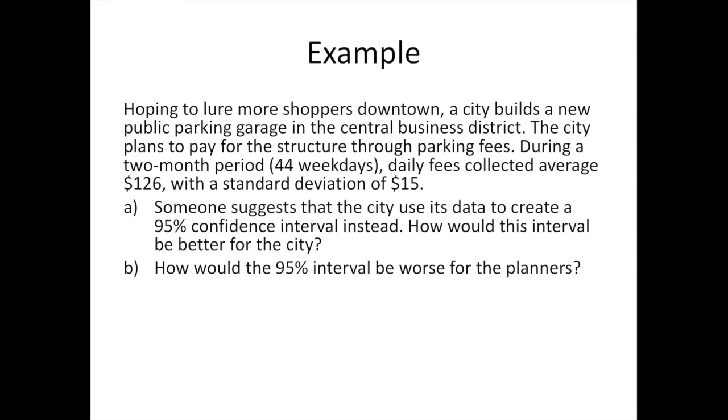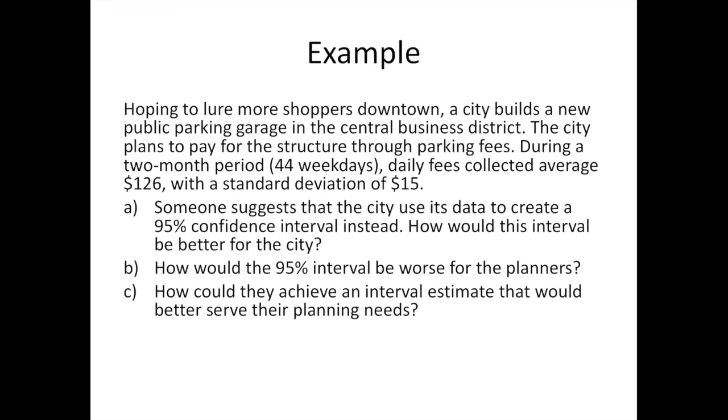Well, like I said, to be more confident means you have to be less precise. So our revenue forecasts will be much wider because of this less precise interval. So for questioning whether or not we actually will be able to pay for the parking structure, we might run into some problems there because of the lack of precision.